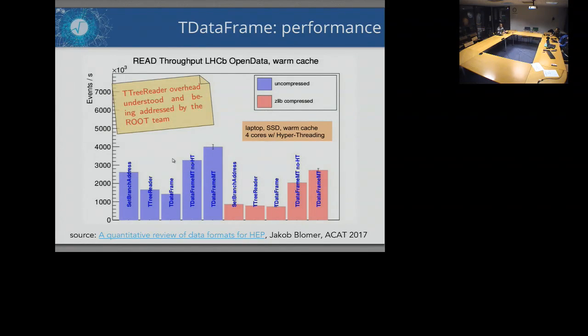So we have on the left, the blue bars are performance on an uncompressed ROOT file, and in red on the right, it's performance in reading zlib compressed ROOT data. The specific data set is the one made available by LHCb through LHCb Open Data.